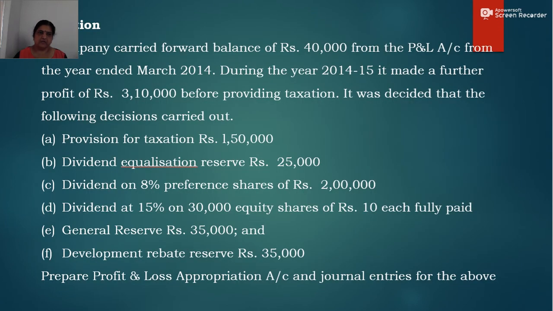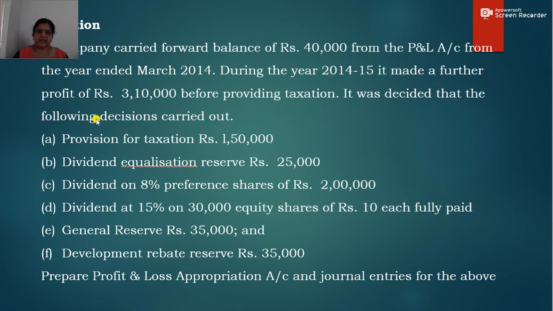Now this is another problem. The company carried forward a balance of rupees 40,000 from the profit and loss account from the year ended March 2014. During the year 2014-15, it made a further profit of rupees 3,10,000 before providing taxation. Just note this, before providing taxation.